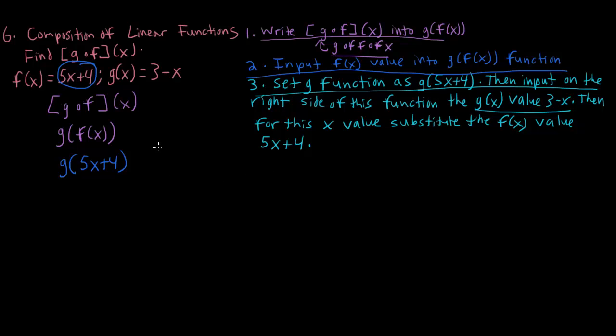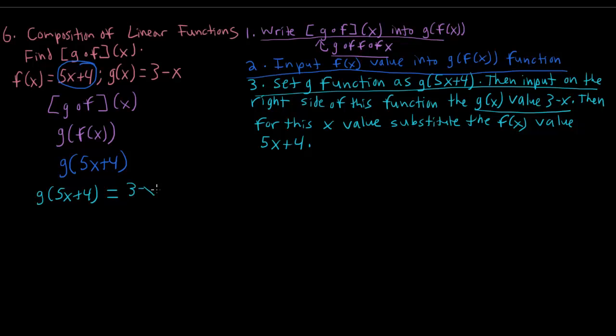So let's do one at a time. It says first, set the g function as g of 5x plus 4. So we'll just have that, g of 5x plus 4. And then on the right side, it wants the g of x value, 3 minus x.